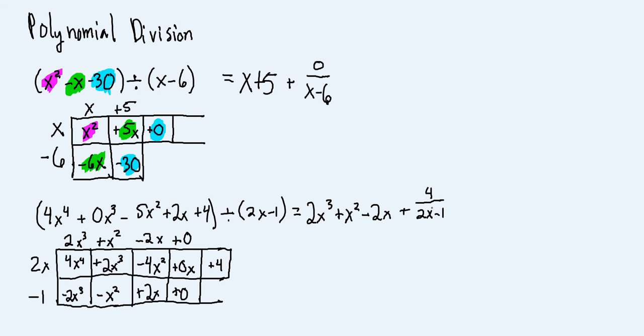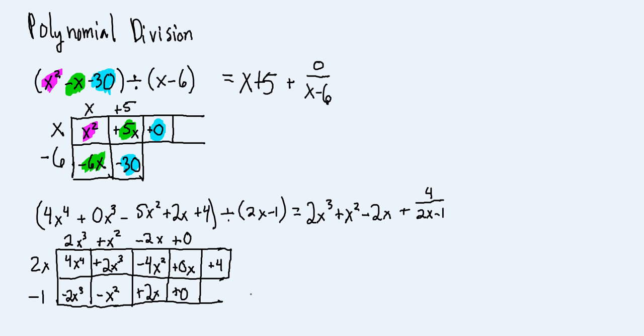That is entirely what you need to do to divide polynomials. The box should look very similar to the box that we have seen before when we've multiplied polynomials, but we're just doing it in reverse while leaving a space for a remainder, because that's what you have to do sometimes.